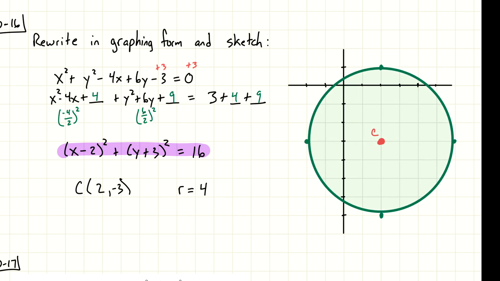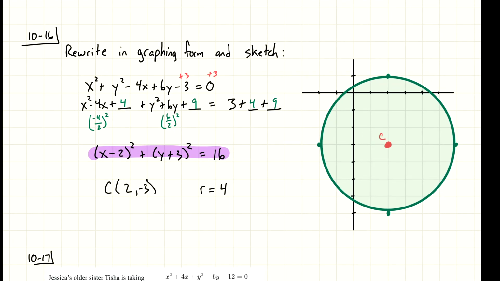And this is a sketch, so it doesn't have to be perfect, but it should give you a general idea of where it's located, right? Which we said was at 2, negative 3. 2, negative 3 is the center, and this is a radius of 4. All right, so that's pretty much what you need to be able to do.